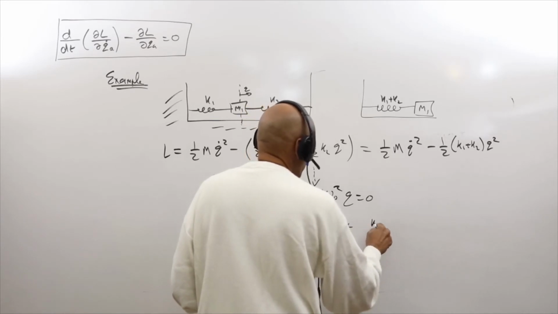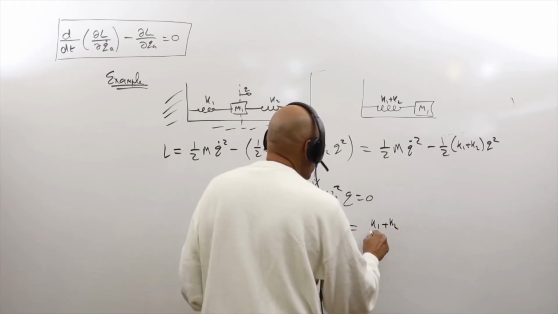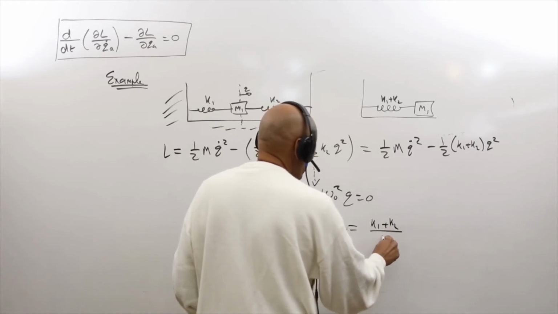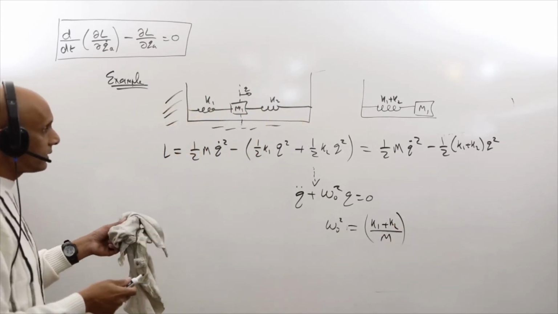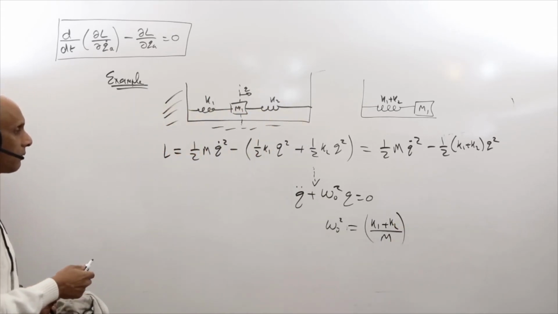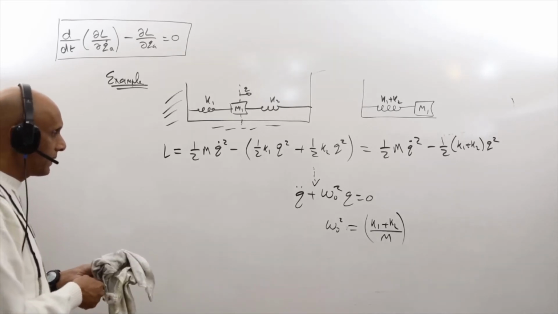If you go through it, from earlier, hopefully you look over the video again, you'll get the same equations, and we basically get omega squared is k1 plus k2 over m.